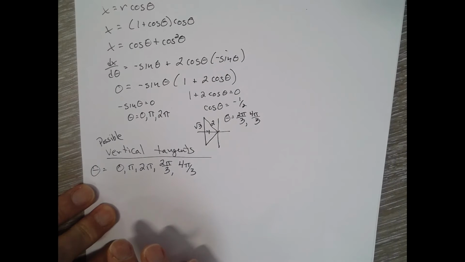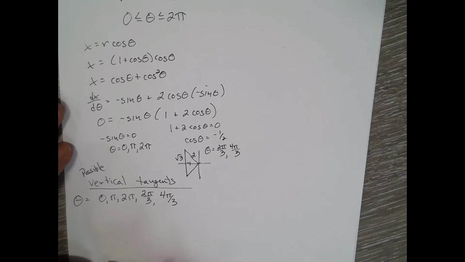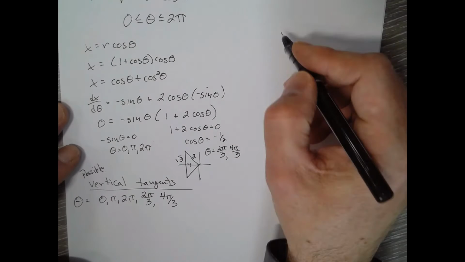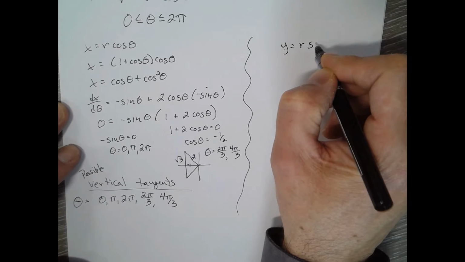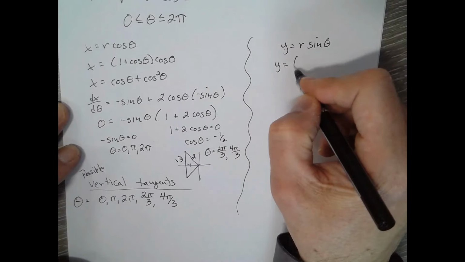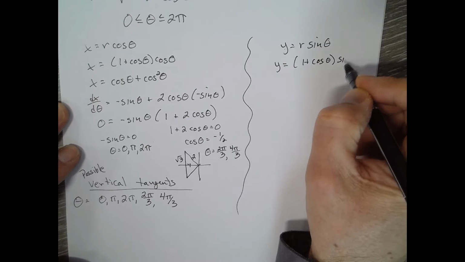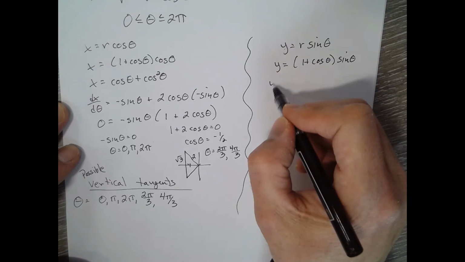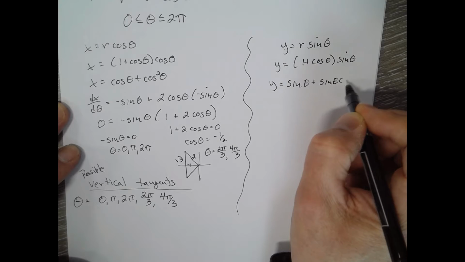So now we do it over again, and we're going to look for horizontal tangents. So y is equal to r sine theta. So y is equal to 1 plus cosine theta times sine theta. So sine theta plus sine theta cosine theta.